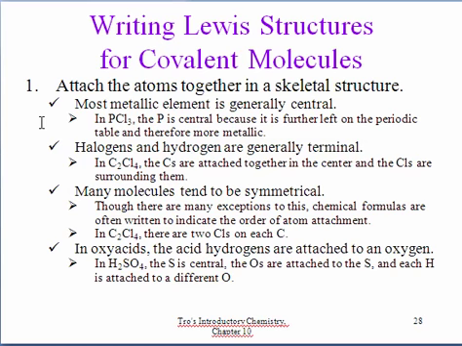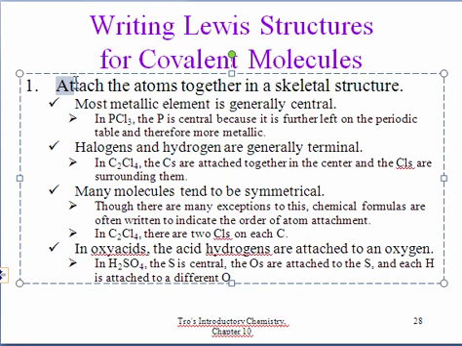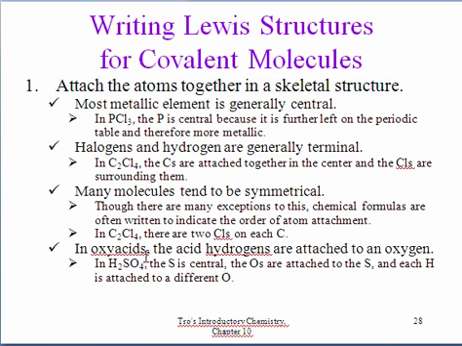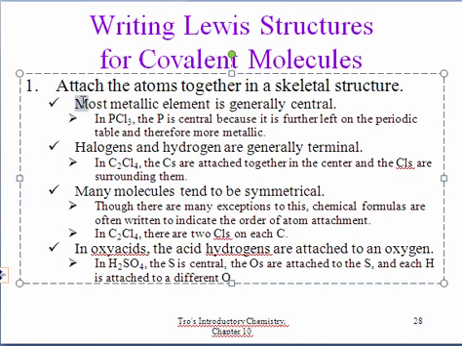The first thing that we're going to do is attach the atoms together in a skeletal structure. When we attach them together, we're going to put them together with single lines which indicate a single bond. To do this, we've got to know how they're going to be attached. The most metallic element, or the largest element, is generally going to be the central one.